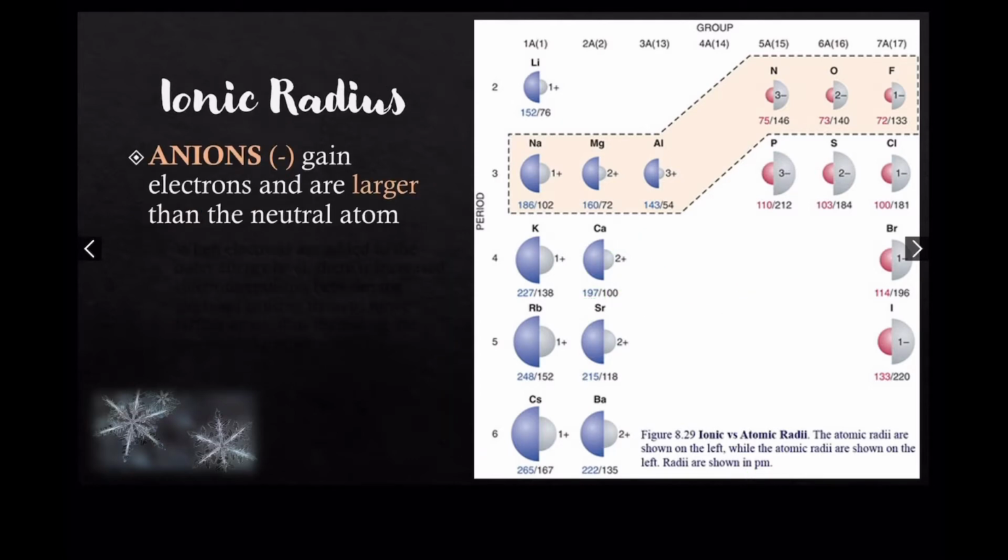Now let's take a look at the anions. The anions are depicted on the right side. Remember, for an atom to form an anion, there needs to be a gain of electrons. When electrons are added to the electron cloud, the cloud becomes larger.